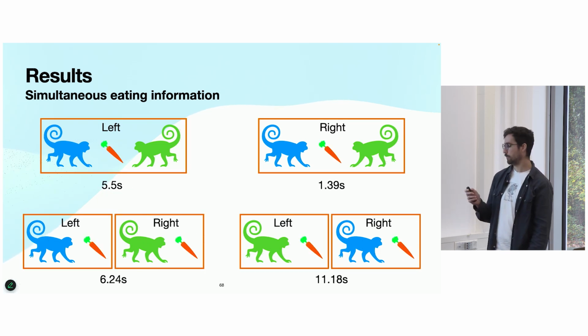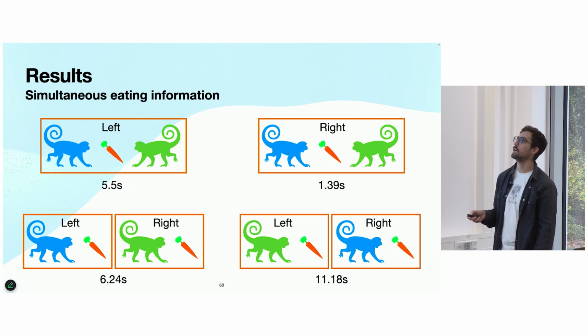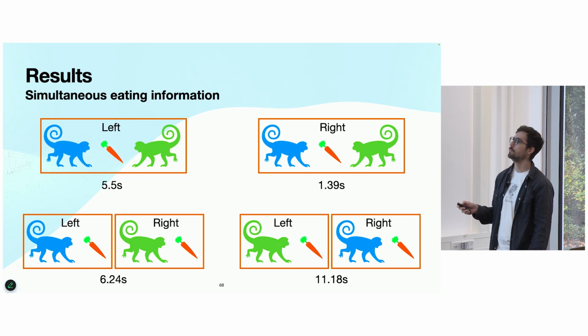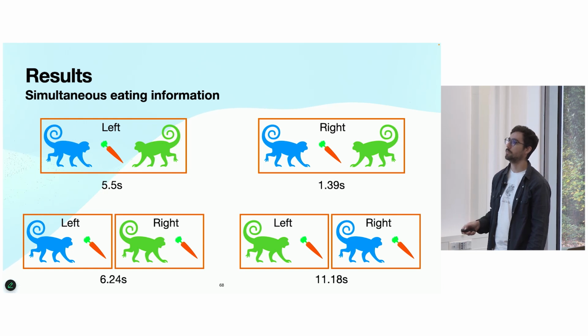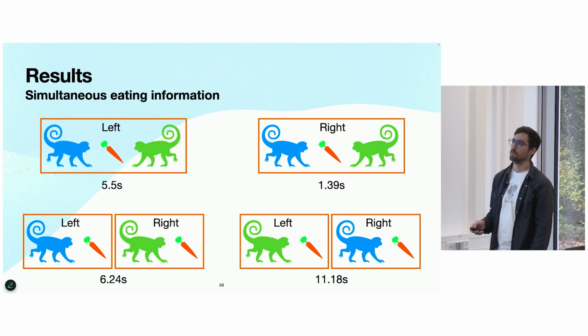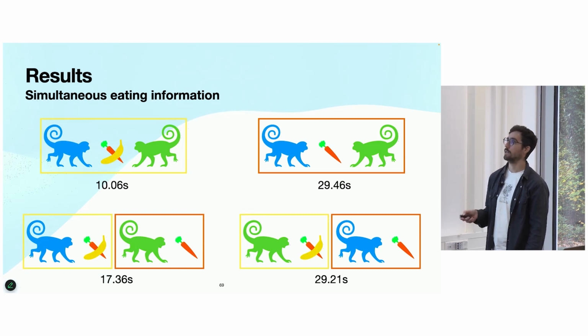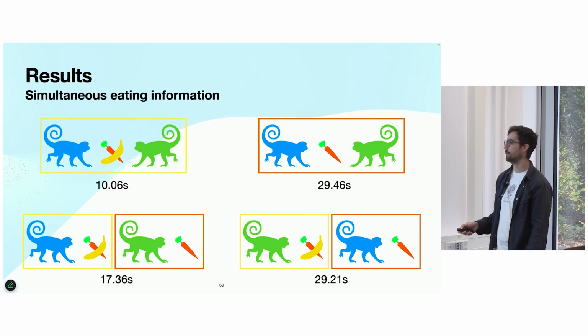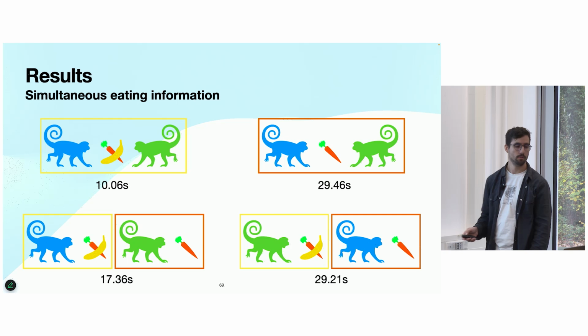Okay? When we present only carrot, we can see that they spend less time eating together at the same patch and more time eating separately. And when we present banana and carrot against carrot, we can see that they spend more time eating together, and more time eating separately.